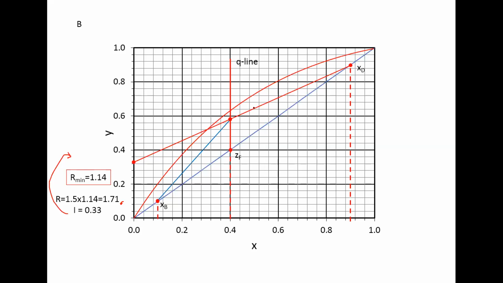So after this, you already have the operating lines for both stripping and enriching. And you know where the feed enters the system, but you don't know at which stage in your column the feed enters. So you start to draw the steps, right? Drawing the steps right there.